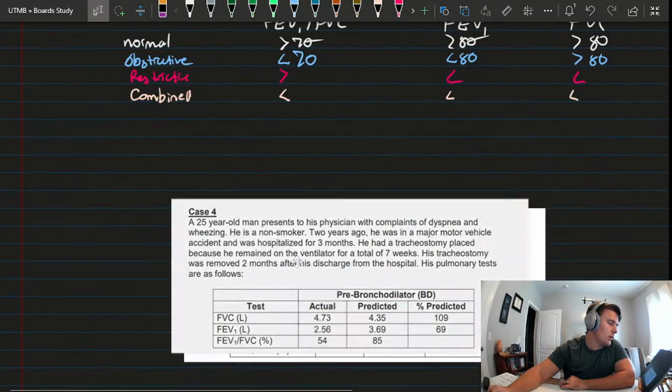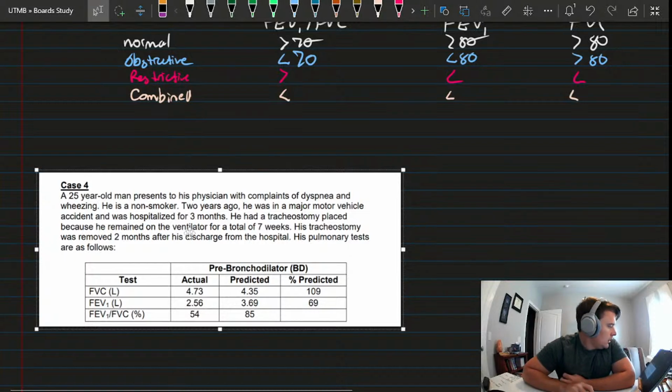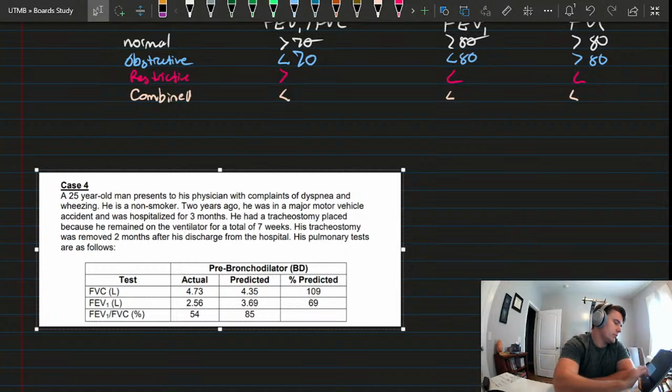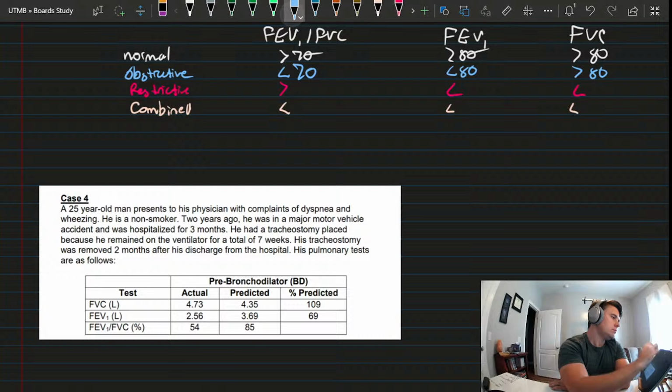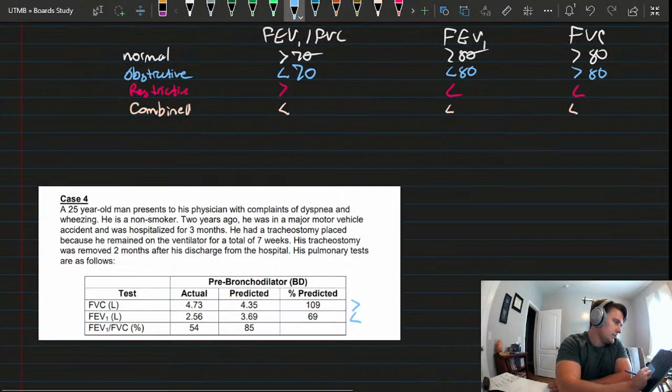All right, so case 4. So his FVC is 109, which is greater than... FEV1 is less than, and this is greater than.